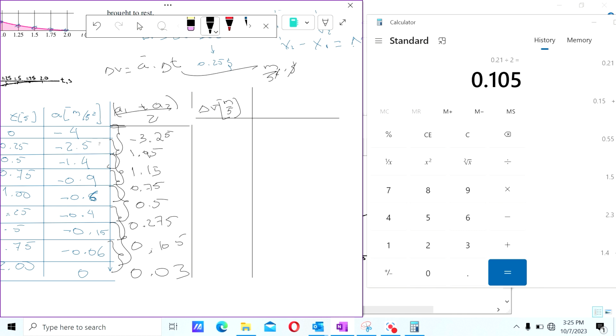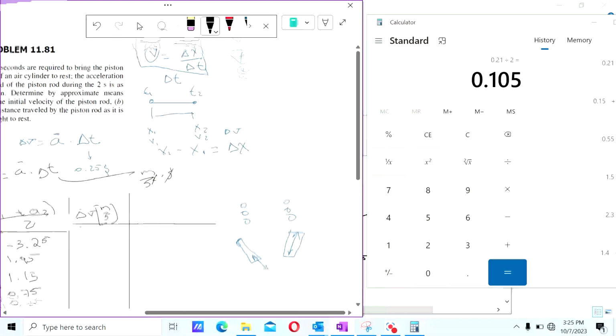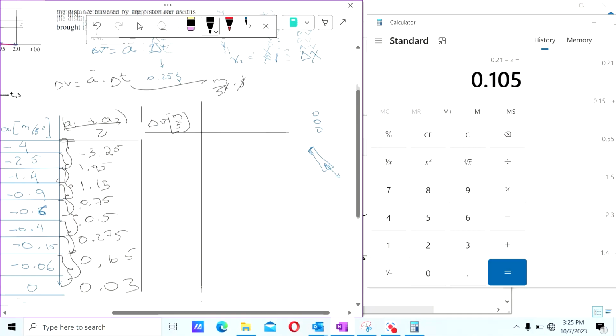So this is two accelerations, which basically, if we look again at the plot, will be that one plus that one divided by 2, right? That will give us an average acceleration. That one plus that one divided by 2, that will give us an average acceleration. The average acceleration is plotted right there. Okay, so let's go ahead and get our velocity.